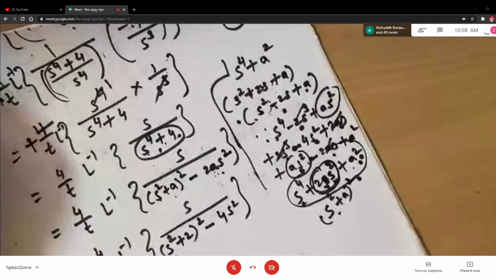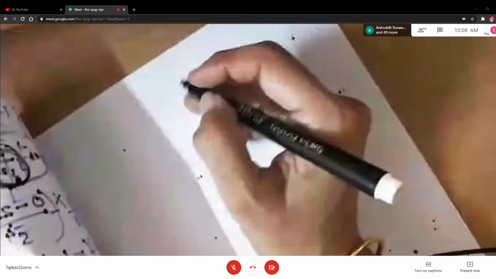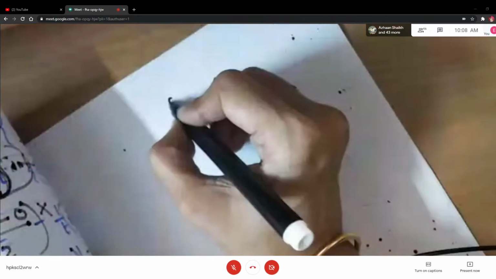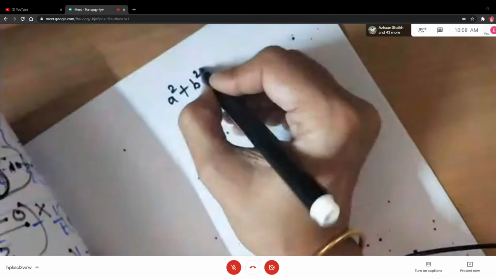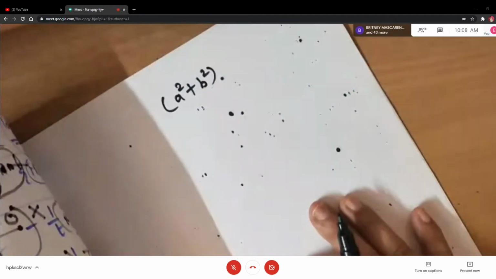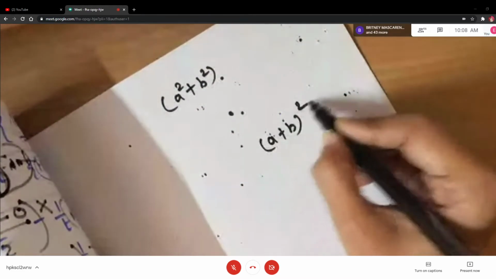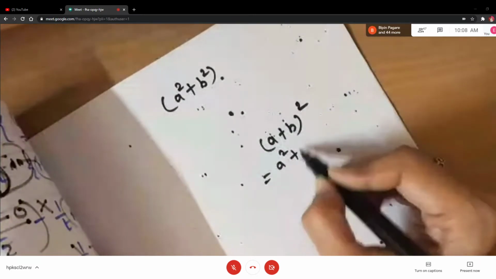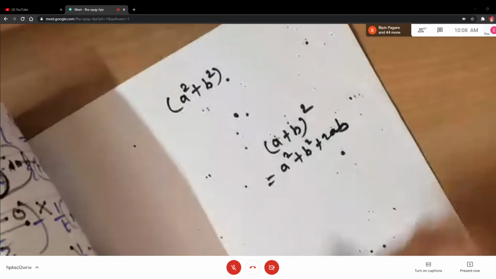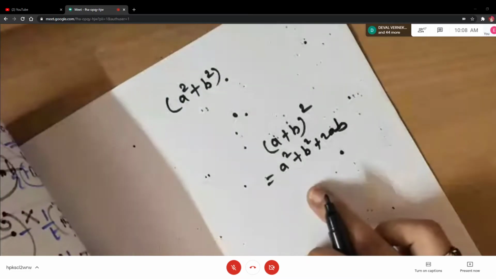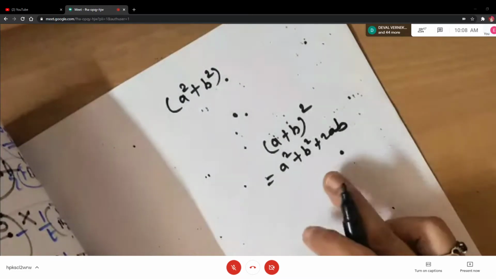That extra term is already there. For example, suppose I want a square plus b square. And what is a plus b the whole square? It is a square plus b square plus 2ab, correct? This you know already. Yes or no? Yes, miss.